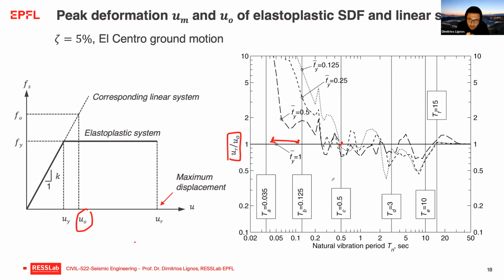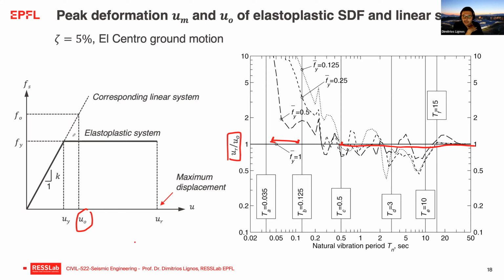But once you exceed, interestingly, a period of 0.5 seconds, the two displacements UR and U0 are going to be more or less the same, because you see here that on average these two displacements are more or less the same.